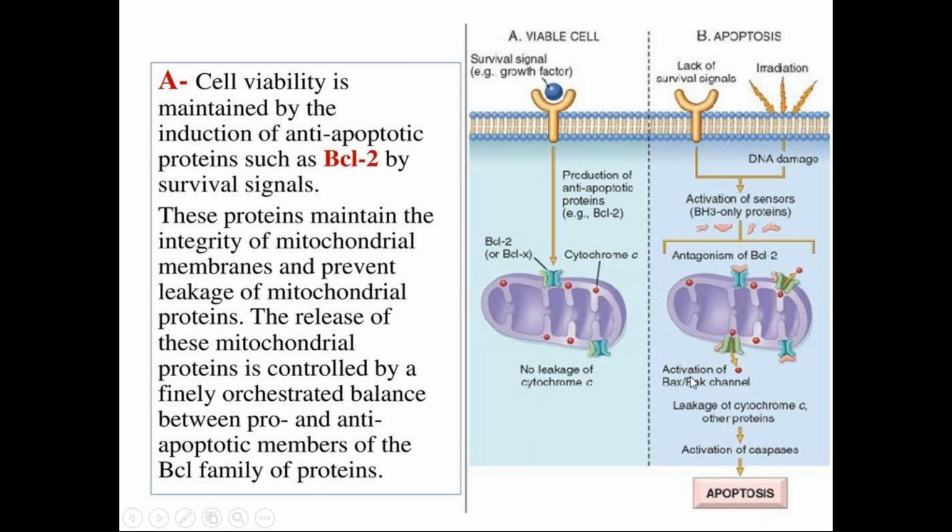This leads to activation of BAX and BAK, which are pro-apoptotic, and this causes leakage of cytochrome C from the mitochondria into the cytoplasm. This leakage of cytochrome C and other proteins leads to activation of caspases. So the major important step in apoptosis is activation of caspases, which is caused by leakage of cytochrome C from the mitochondria. You have to remember that.